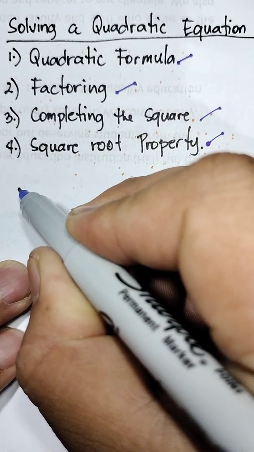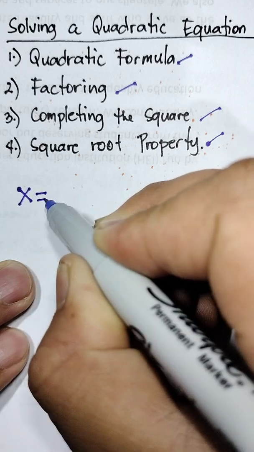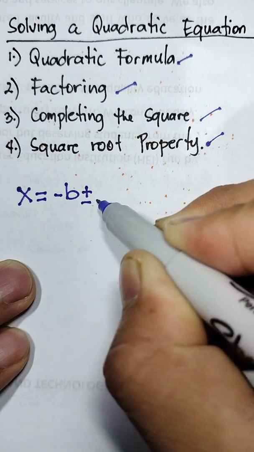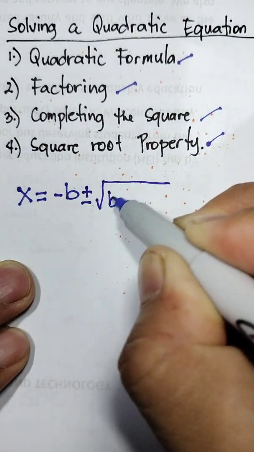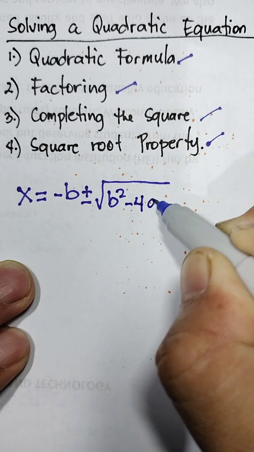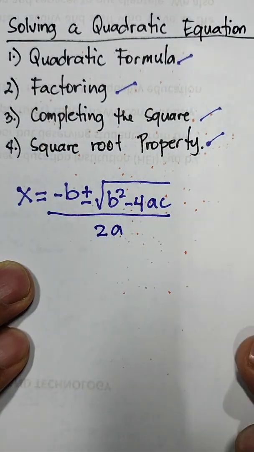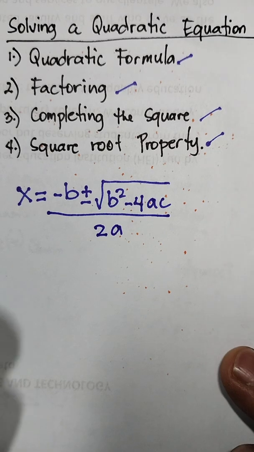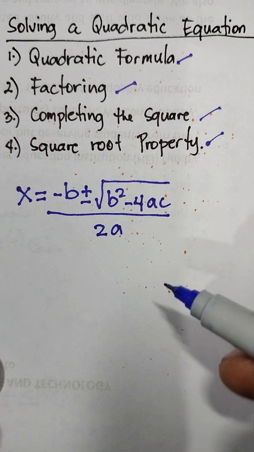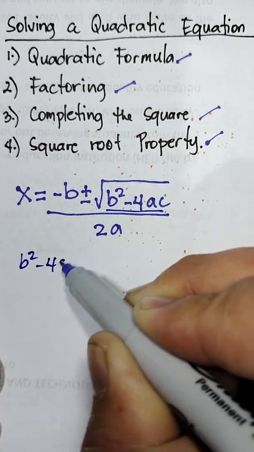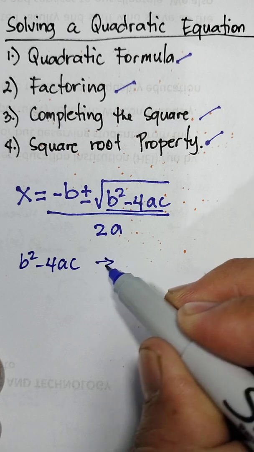The quadratic formula is x equals negative b plus or minus the square root of b squared minus 4ac, all over 2a. That is the quadratic formula, where b squared minus 4ac is the discriminant.